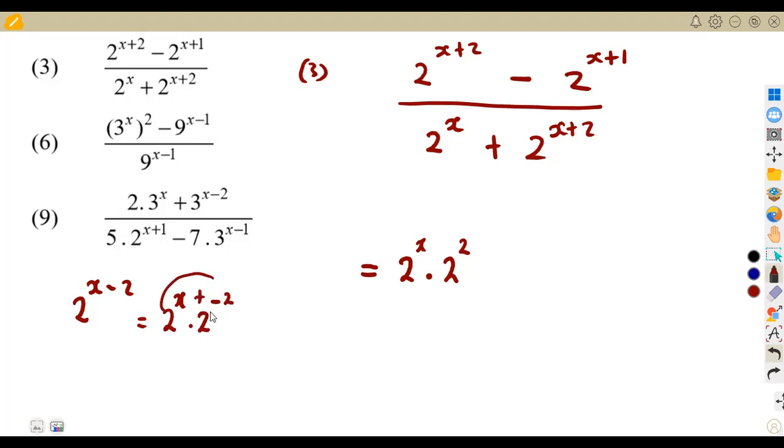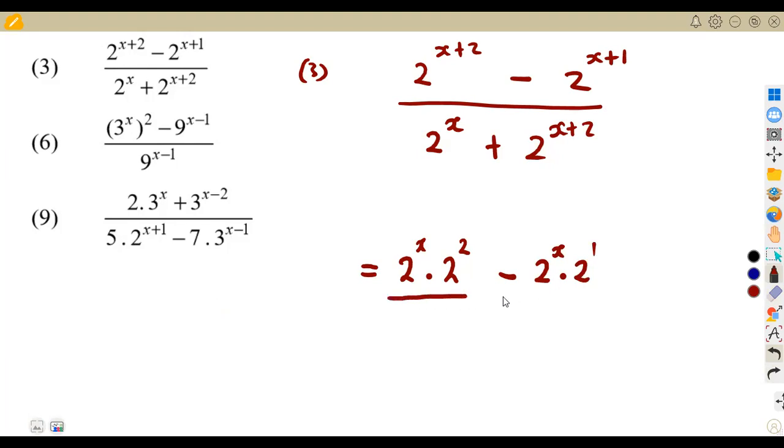Just expand that way, taking the sign as it is. This one is positive, so it remains positive. Minus, you do the same thing here: 2 to the exponent of x multiplied by 2 to the exponent of 1.